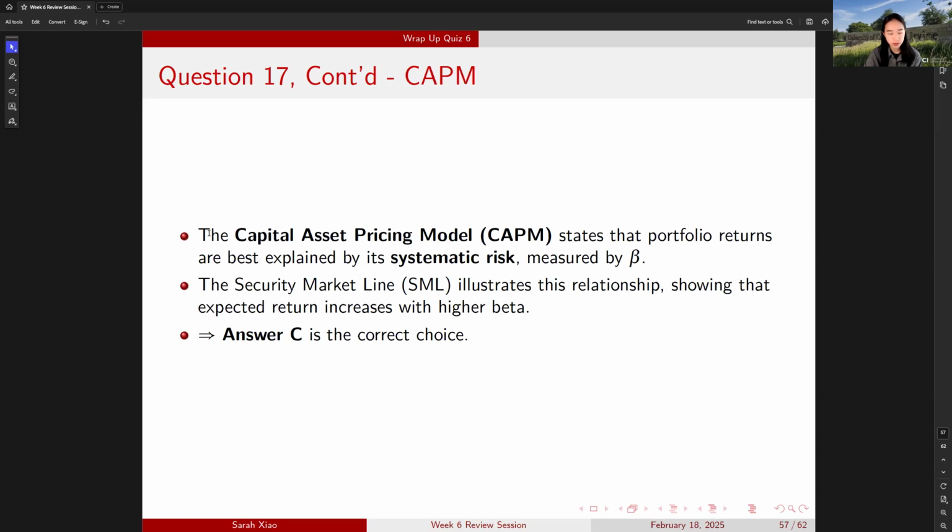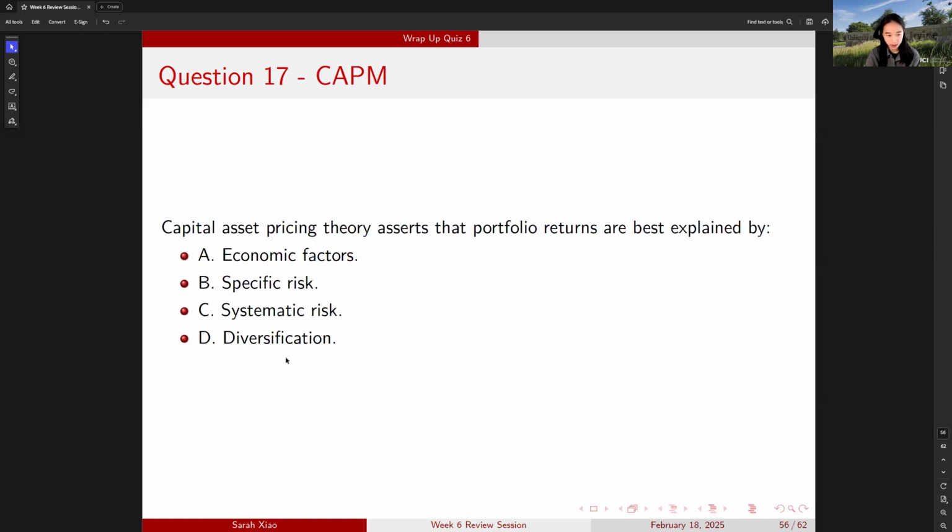Based on the concepts in CAPM, the portfolio returns are best explained by its systematic risk, which is measured by the beta in CAPM. On the other hand, the security market line illustrates this relationship, showing that expected return increases with higher beta. Therefore, answer C is the correct choice, the systematic risk.